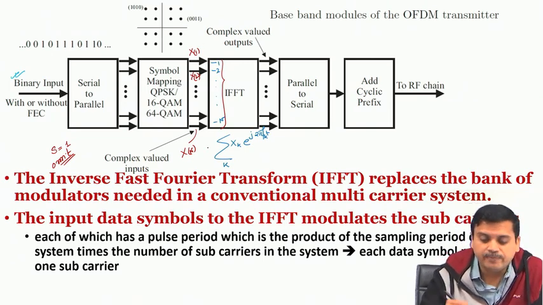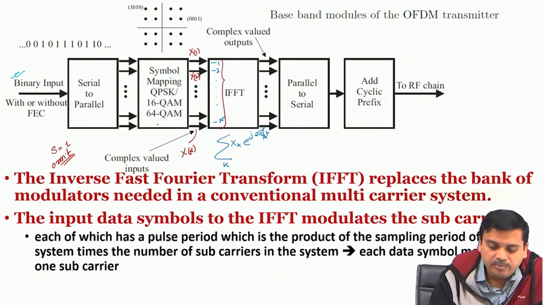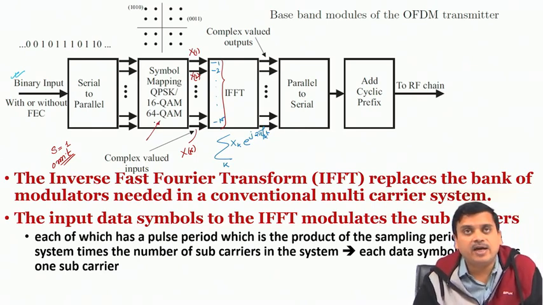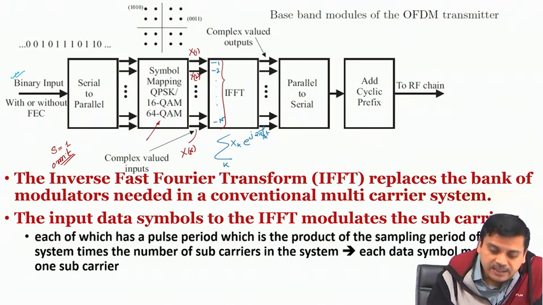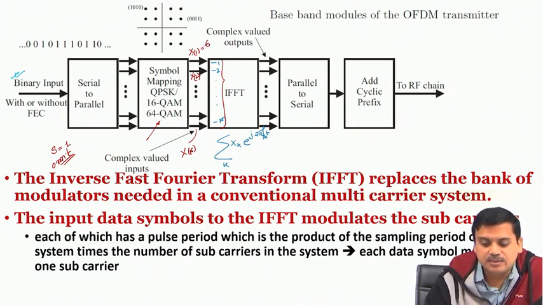We are just noting the subcarriers for this one particular OFDM symbol, and the symbol mapping can be anything depending upon the signaling from higher layers or the choice, and as said, the symbol mapping can be different in different subcarriers.